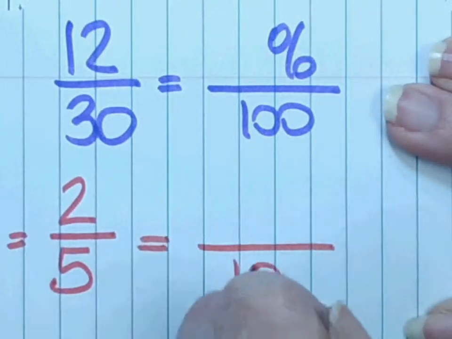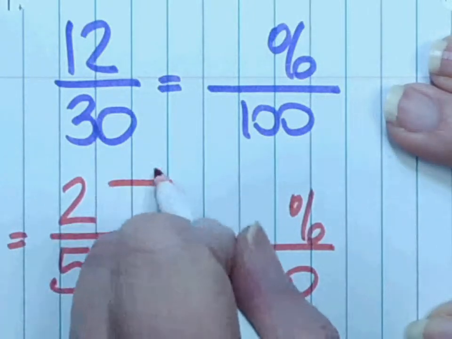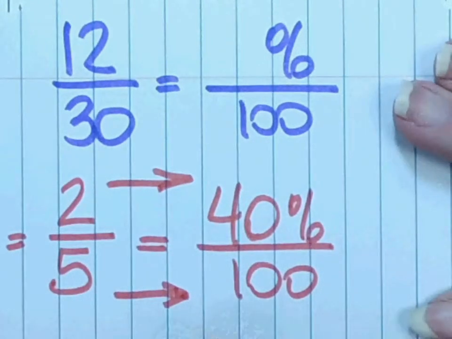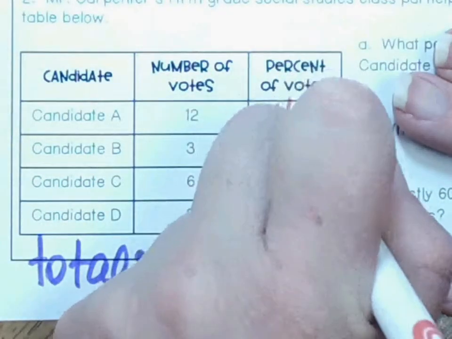Equals what percent over 100? So how do I get from 5 to 100? What am I multiplying by? Times 20. So 2 times 20 is what? 40%. So we're going to write 40% here.